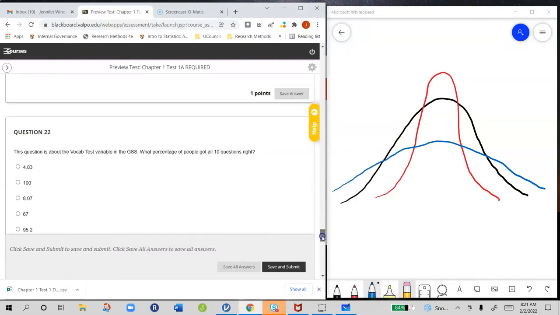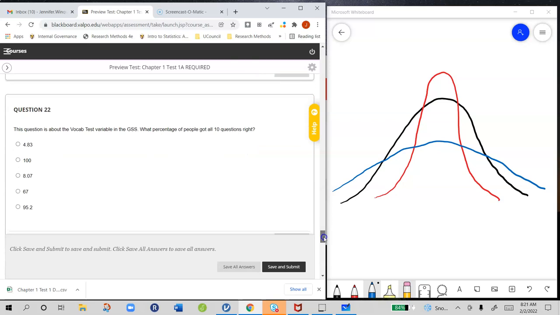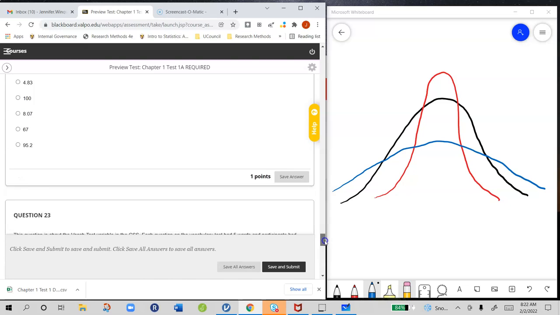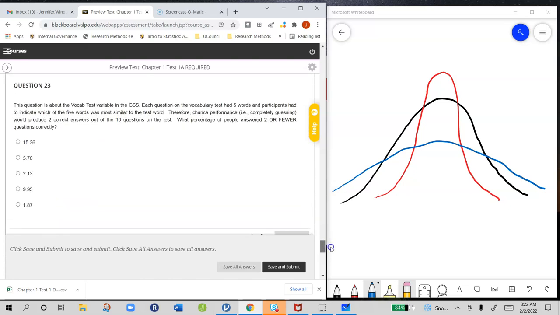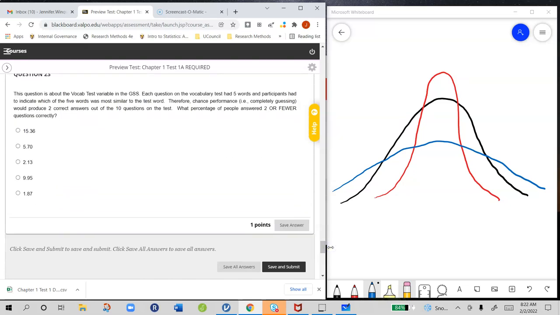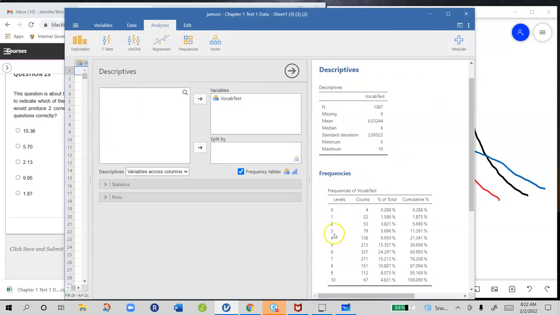All right, moving on. Next is what percentage of people got all 10 questions right, which we just answered. Number 23, what percentage of people answered 2 or fewer questions correctly? Okay. So here, I want to look at the number of people who got 2 or fewer correct. So I'm going to look at level 2.